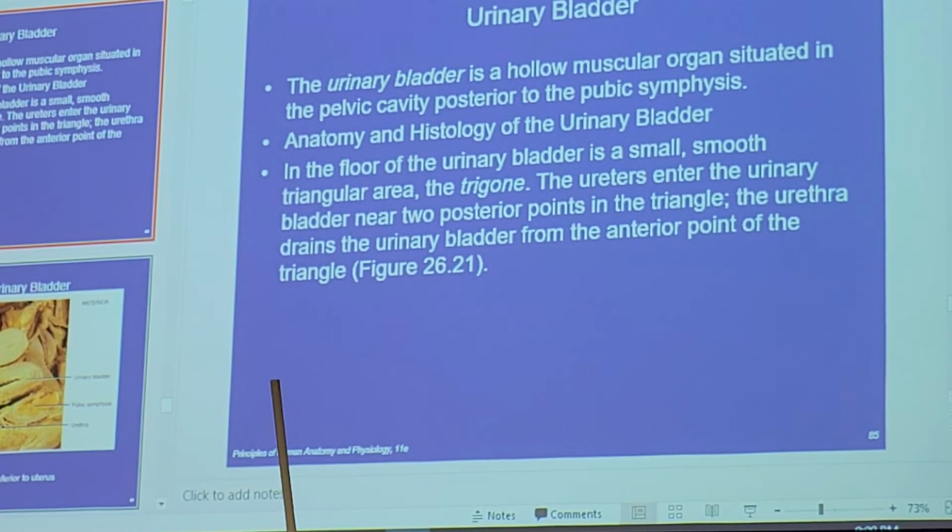Because boys, in general, have fewer structures in the pelvic cavity which can press on it. So girls feel that pressure much more often, and they recognize that they have to go more frequently. Boys get active in something else, and they ignore it, and they do whatever they're doing.